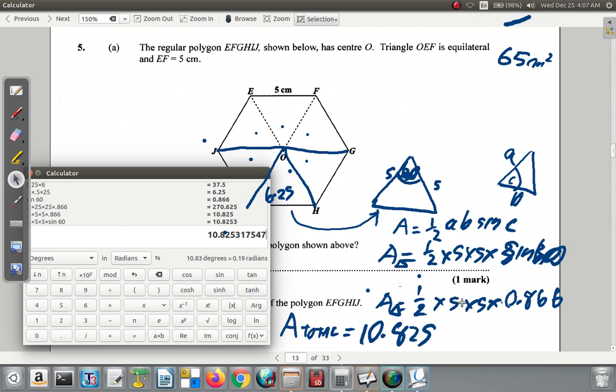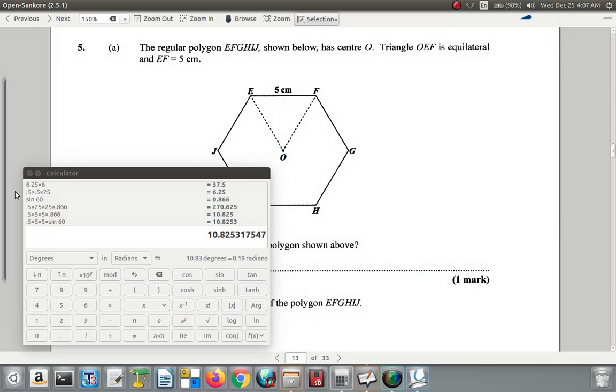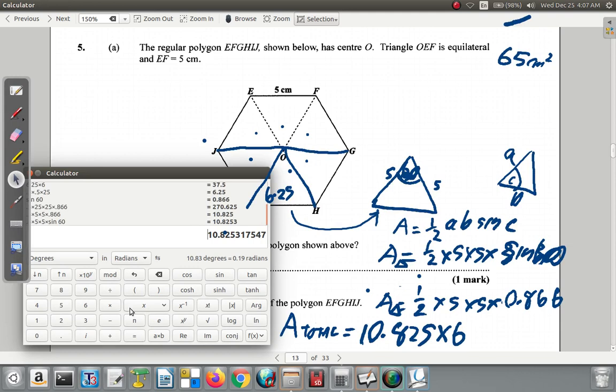So what you should do is say all of this must be multiplied by 6. So the total area is 10.825 by 6. So let's multiply this figure by 6 and see what you get. 6 times all of this is, and you get close to 65, 64.95 something another.